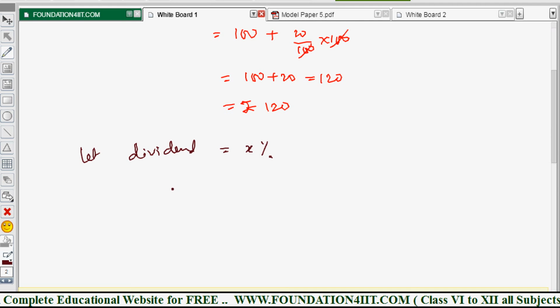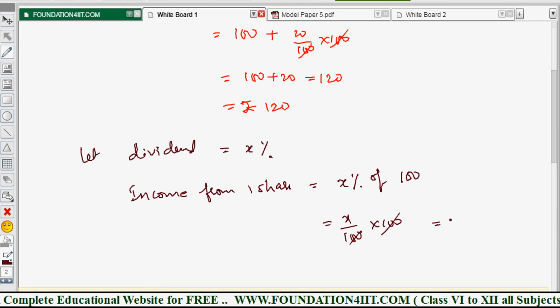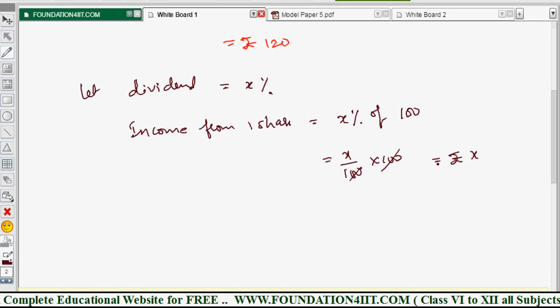Dividend is X% means the income from one share is, since dividend is always calculated on the nominal value, X% of 100 because 100 is the nominal value. That is X by 100 into 100, the same, rupees X. X rupees is the income from one share. Then the rate of dividend.